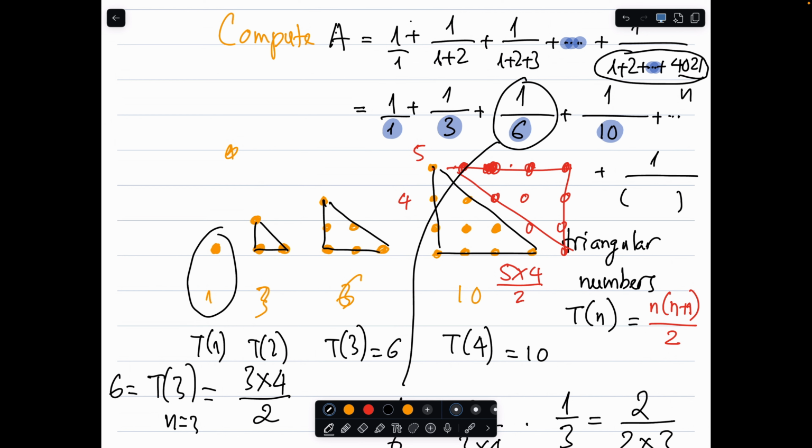You see, 1, 3, 6, 10, and then you have triangles. Why, when you link numbers with shapes, with triangles, does it help you to better understand the numbers? Because with shapes you have something tangible, something you can touch, something you can draw.